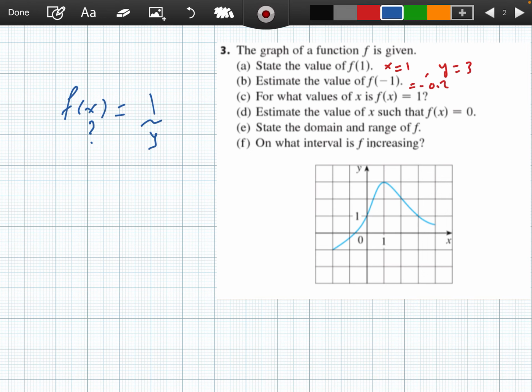So on the y-axis, we do a horizontal line, not a vertical line, and see it crosses the graph in two places, here and here. So we need to find the corresponding value along x. The corresponding value of this is 0, and the corresponding value of this is 3. So x could be 0 or x could be 3.